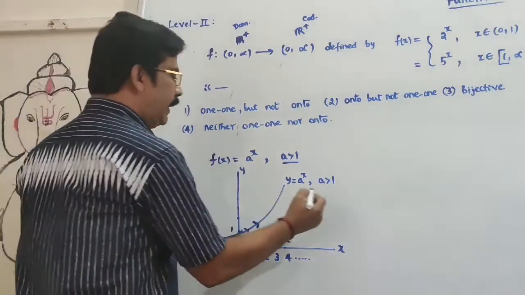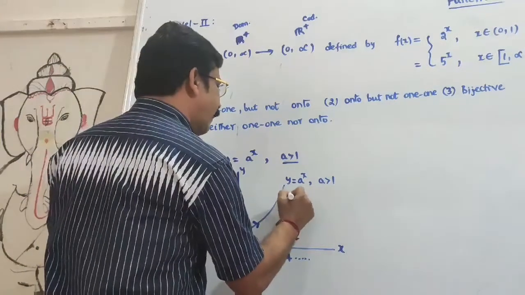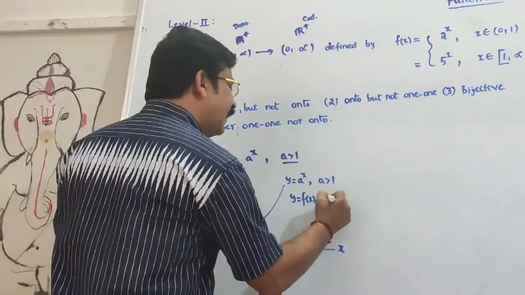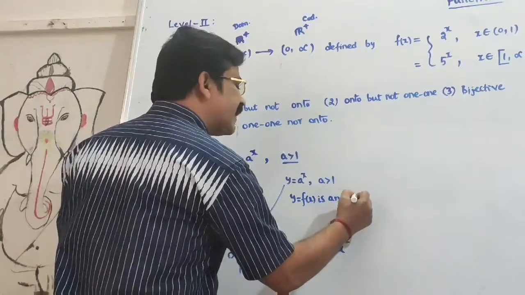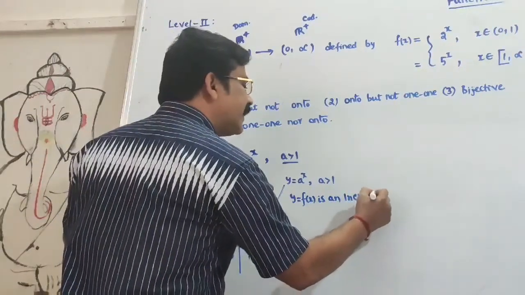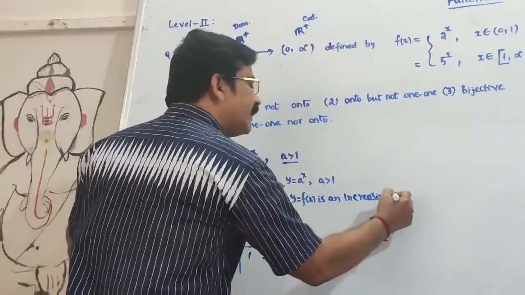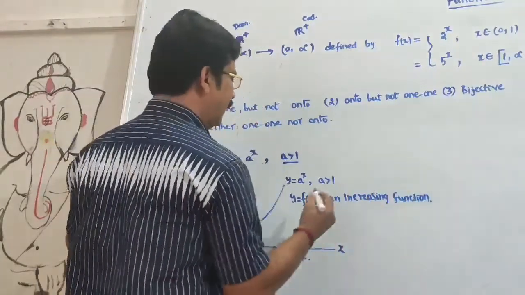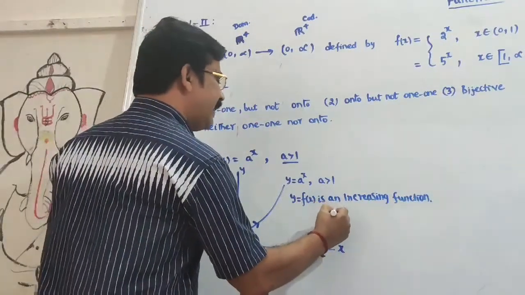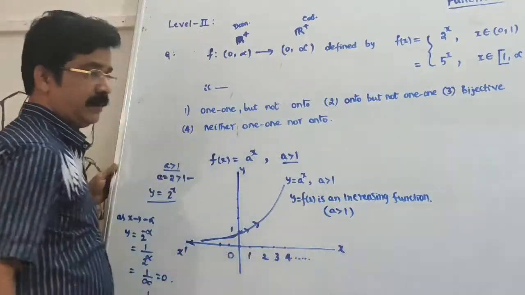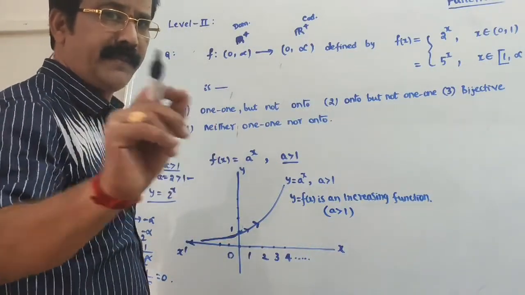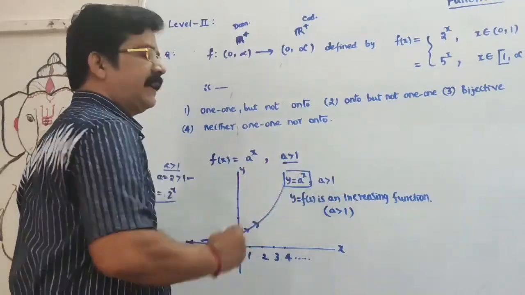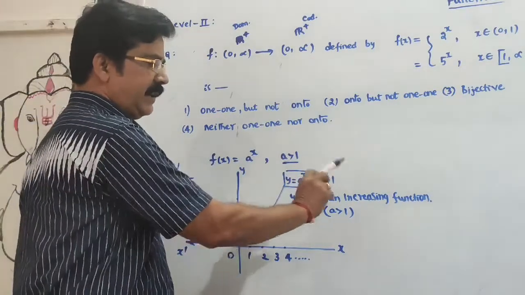So here a power x, that is y equal to f of x, is an increasing function, remember, when a is greater than 1. By all means, y equal to a power x when a is greater than 1 is an increasing function.